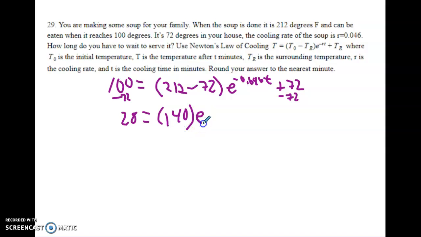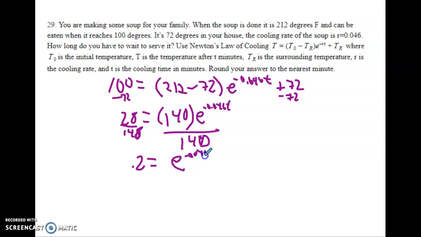And then I have this e to the negative 0.046 times t. Getting rid of the 140 by dividing both sides by 140. 28 divided by 140 is 0.2, equals e to the negative 0.046 t.